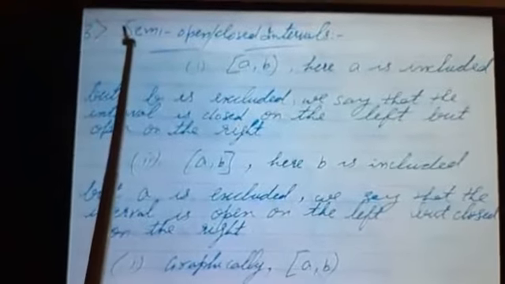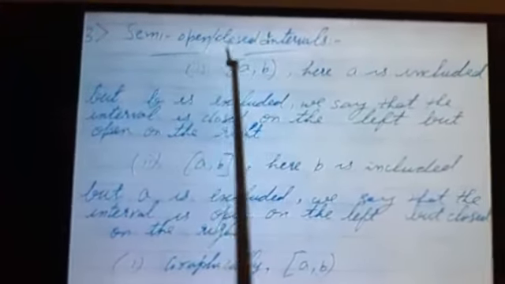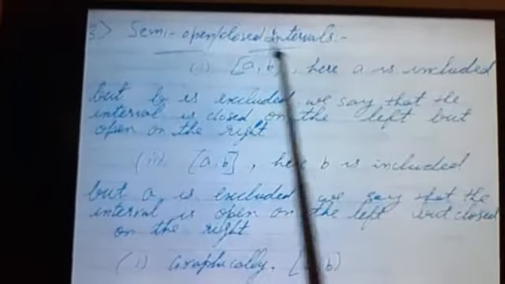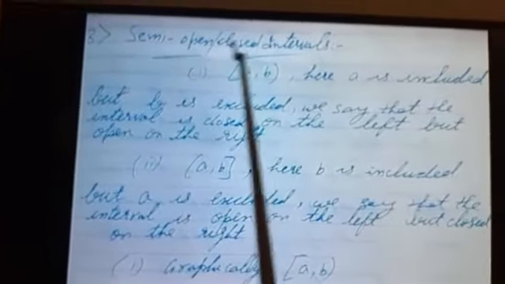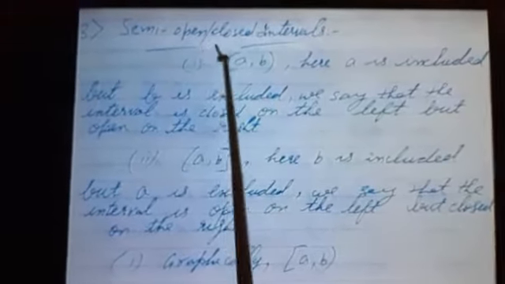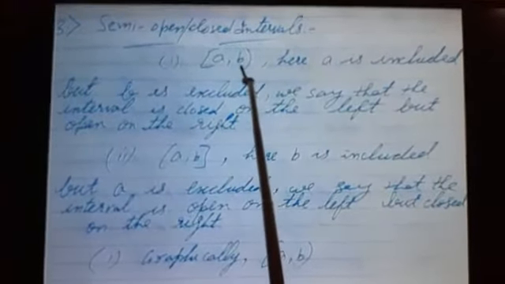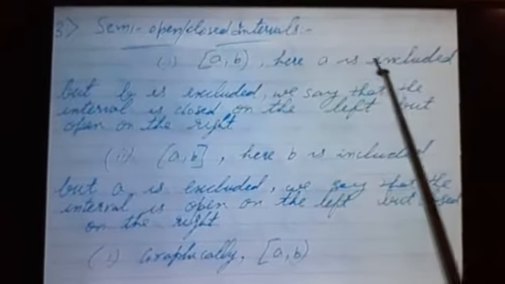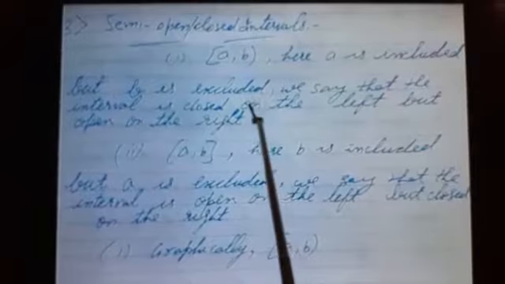Now come to our third point, semi-open or closed interval. We can write semi-open or semi-closed. First one, if we are having [a, b), where in a we are using closed bracket, here we are using open bracket. Here a is included but b is excluded.